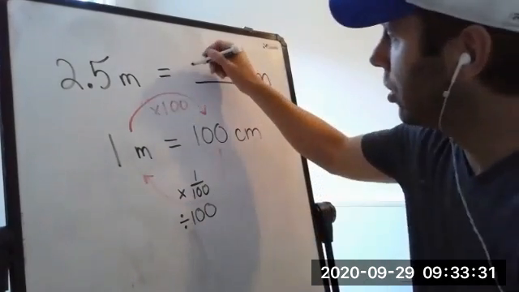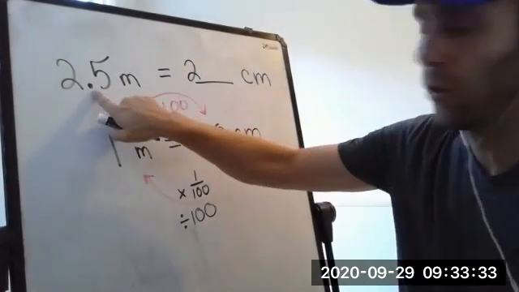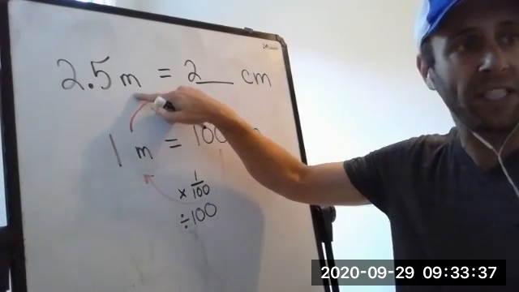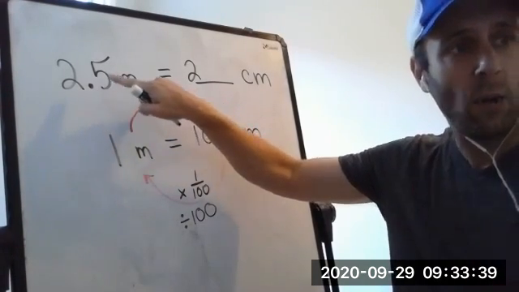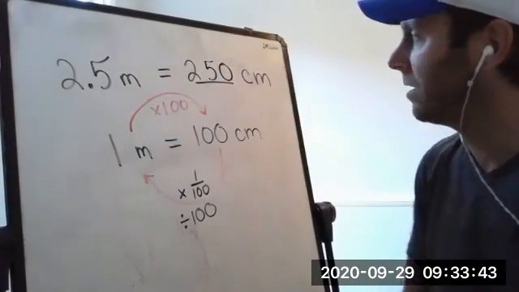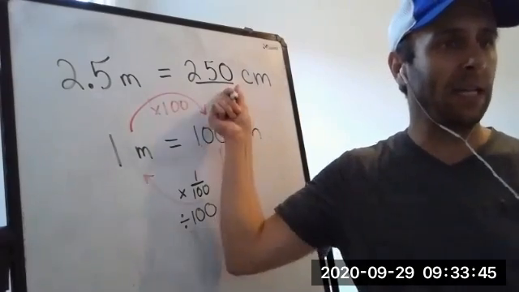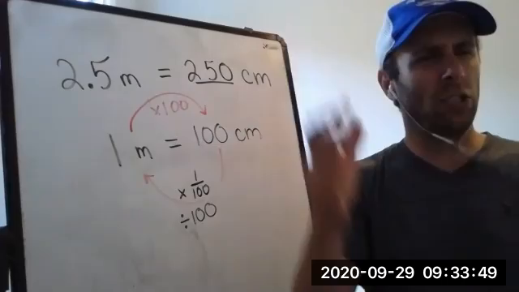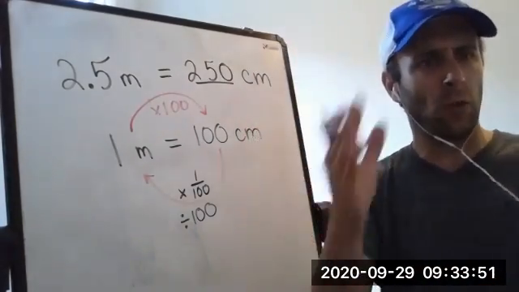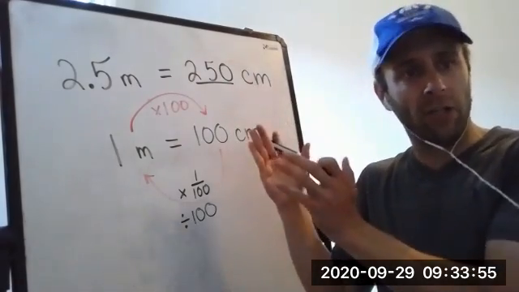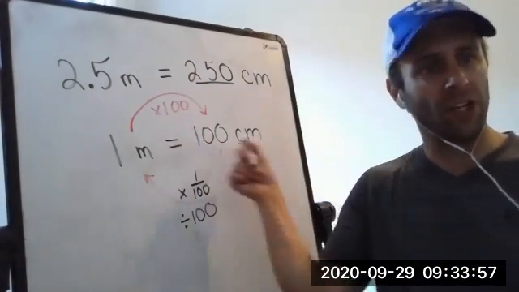But one thing you're going to start noticing is when you multiply by 100, all you're really doing is moving the decimal over twice because there are 2 zeros. And when you move the decimal over twice, you actually get 250. And that is how many centimeters are in 2.5 meters, which actually makes sense because if you have 2.5 meter sticks, you have 100, then you have another 100, and then you have half of 100, which is 50. But this is how you do it.